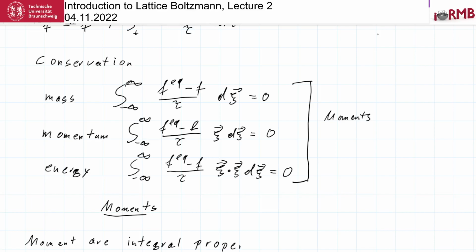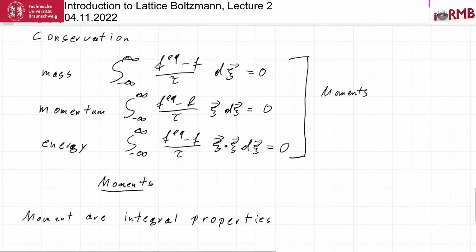So integral properties means it is something that comes out of an integral. So you sum up all the atoms in a stone to get the weight of the stone, right? So the mass of a stone is a moment of the distribution of atoms in the stone.